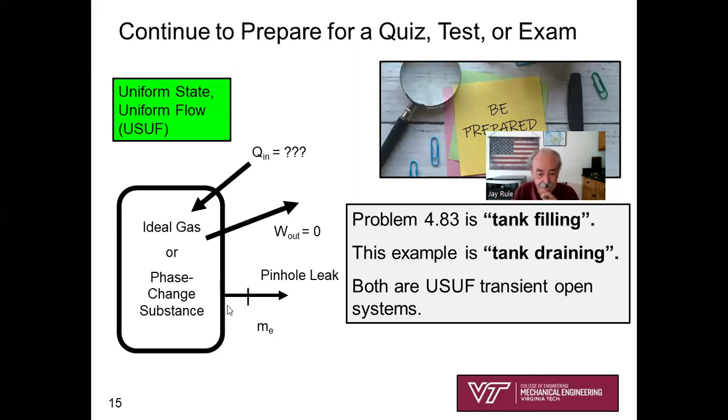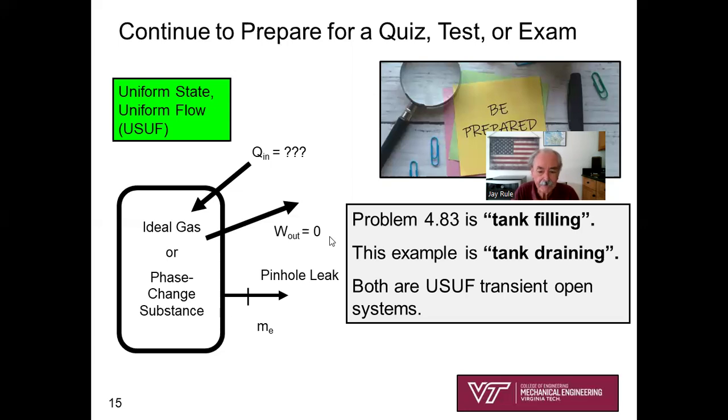That's classic, a pinhole leak. And it's air or steam or refrigerant leaking out of the tank. And maybe the amount that leaked out would be given to you. But do you see how similar this is to 483? It's just the flip. In other words, this is a tank draining problem.